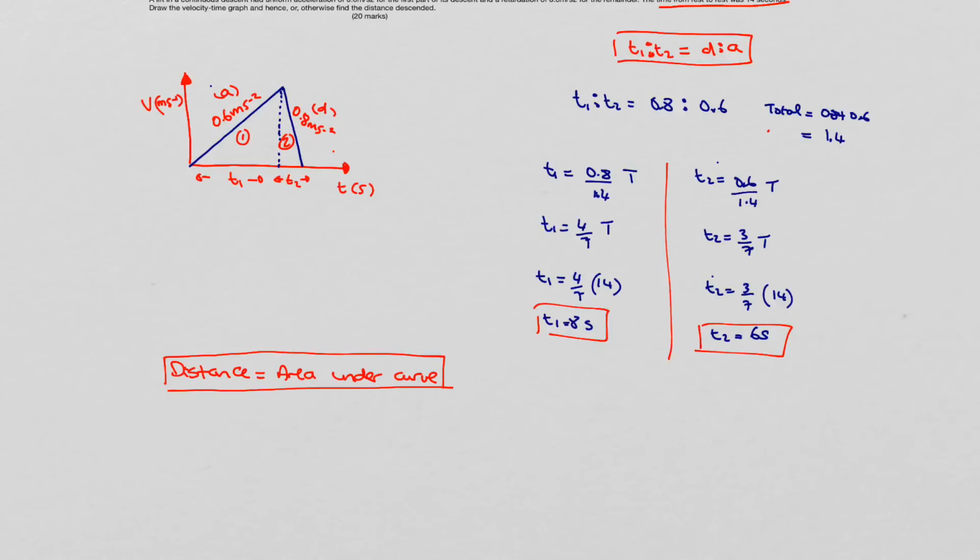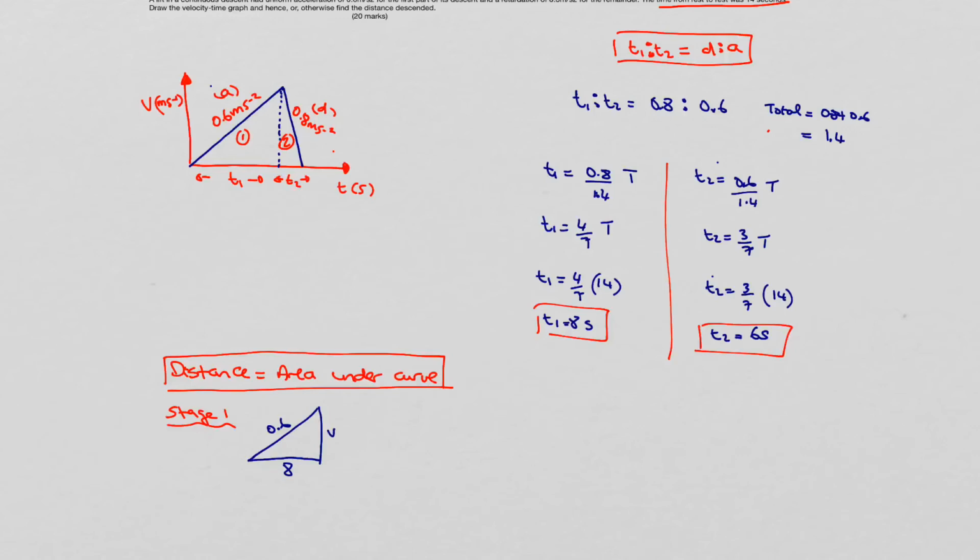But we don't know what V is yet, so we're going to have to work out V first of all. So I'll just take stage 1 of the journey. We could take stage 2 either, it doesn't matter. In both cases I have information now, so it doesn't matter which one I use.